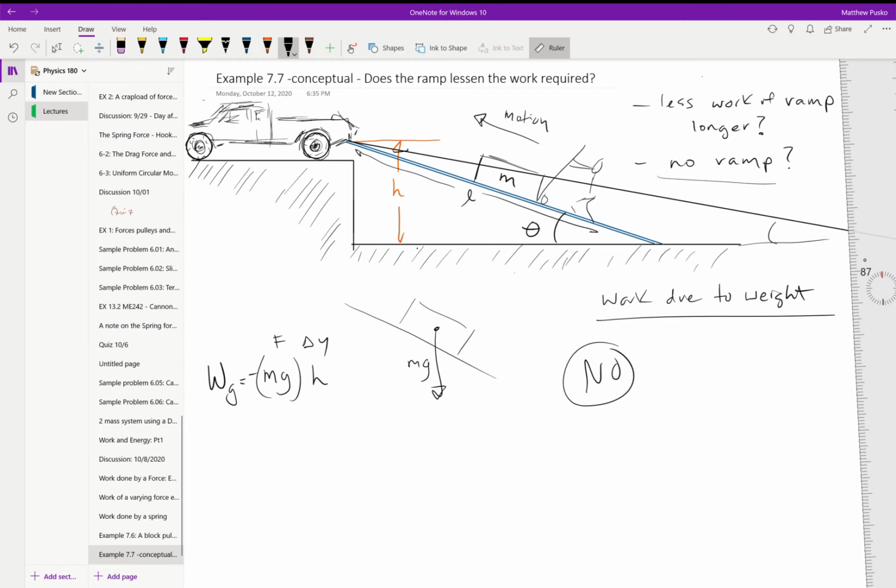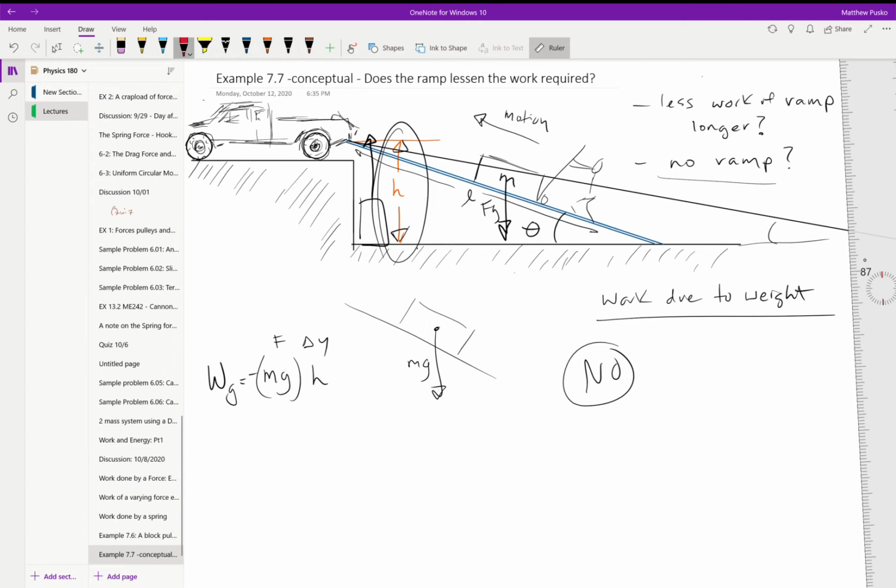All that matters is the displacement in the direction of the force that we're dealing with. In this case, it's just the force of gravity, and that's mg, and it's acting some distance h. If I change the length of the ramp, that does not change the distance h at all. If I got rid of the ramp and had to lift this block directly up into the back of the truck, I would still have to do the same amount of work.